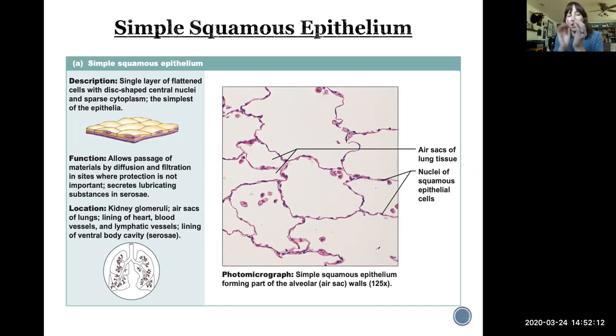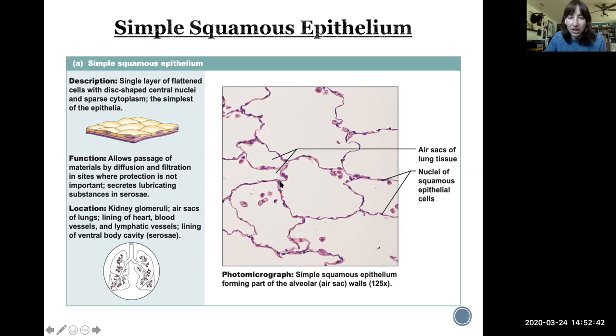It's a little ball where capillaries collect on the inside, and you have that simple squamous epithelium encasing the inside of that ball. And what's diffusing is the substances that you're pulling out of your blood to send out of your body via urine, right? In your kidneys. This is filtrating your blood. So this is a filtration function. The air sacs of your lungs. This is a diffusion function.